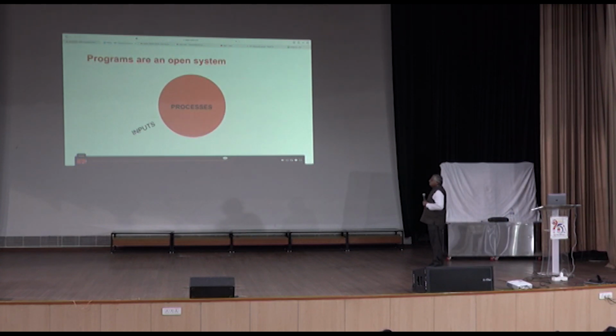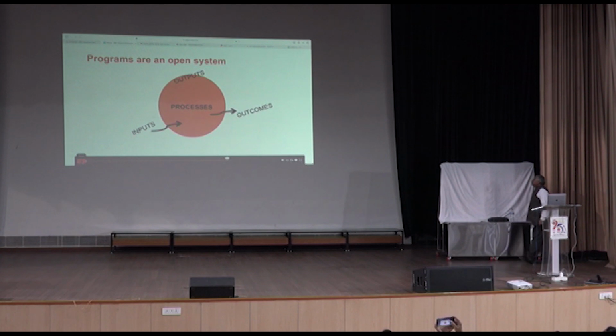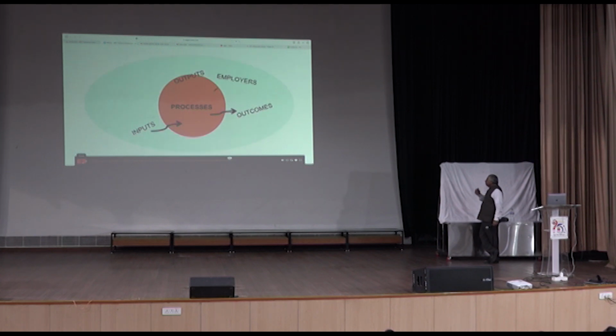So programs are not only an integrated system, but they're also open systems, where we've already talked about the processes, inputs, outputs, and outcomes. Each system has external constraints and requirements, and each program or institution responds differently to these constraints.